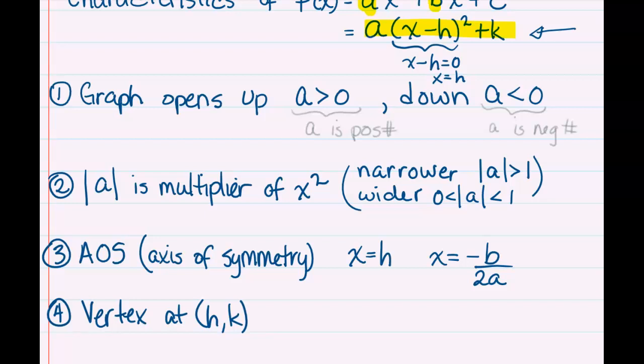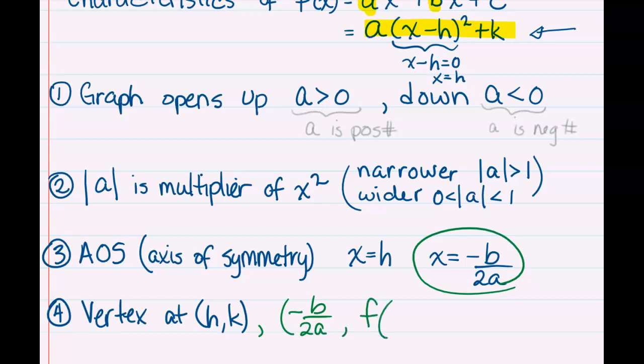Or, now this is where it gets a little ugly, we can also find it when we find this x value here, negative b over 2a, and we plug it into my function, whatever that number is, and that y value will be the y value of my vertex. So it's a little messier in terms of that.